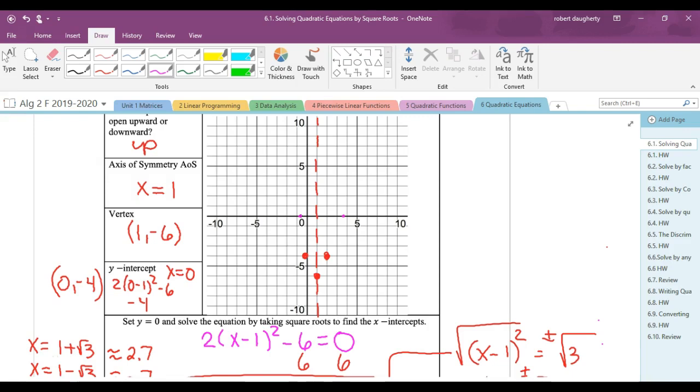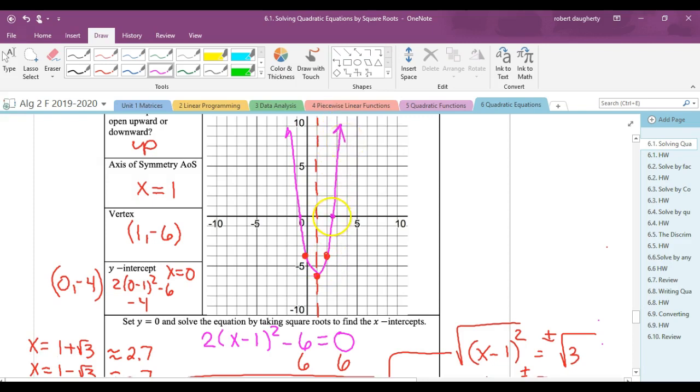The square root of 3 is about 1.7, so 2.7, 1 minus 1.7, wait, I did something wrong here. What did I do? Oh, sorry, I did the point wrong. This point is 1, 2.7, about right here. There it goes. So now I can look at this graph and get a little bit more accurate with it.